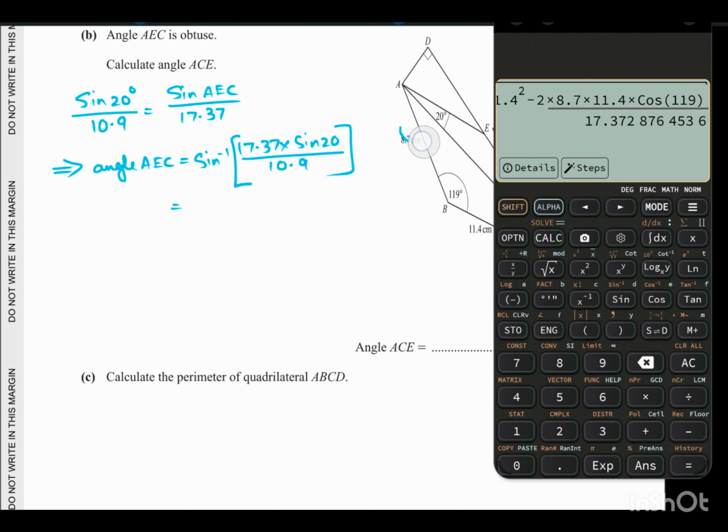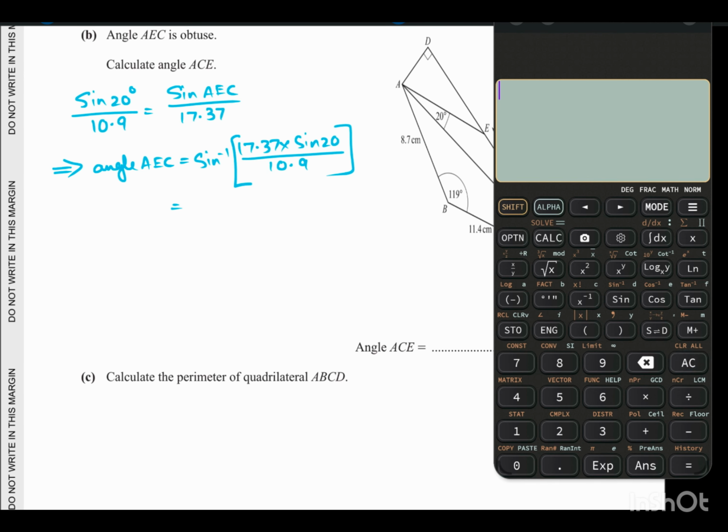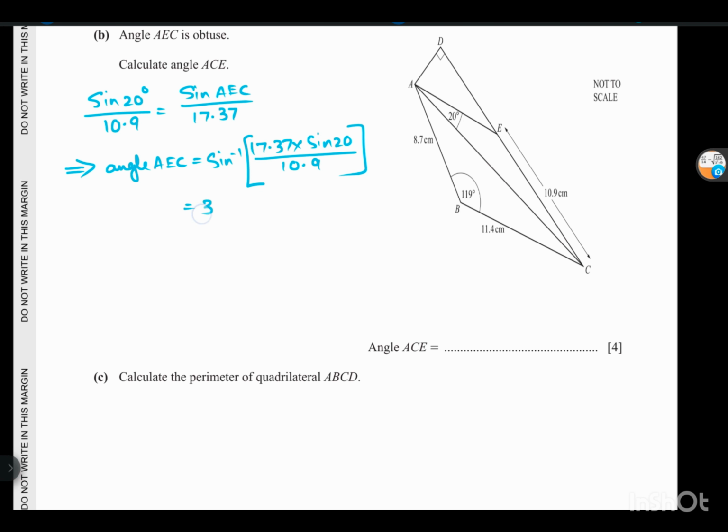Sine inverse, fraction button, 17.37 into sine 20 by 10.9. 33.027.